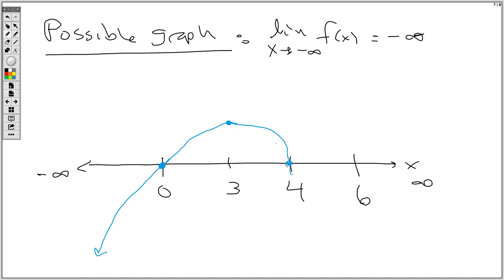So all kinds of stuff is happening. We got an x-intercept there. It goes from above the axis to below the axis. f of x goes from positive to negative. The derivative doesn't change. It's still negative, but the concavity changes.